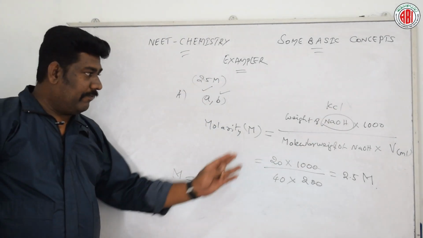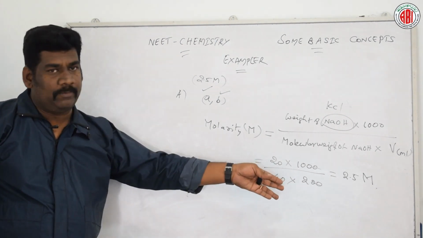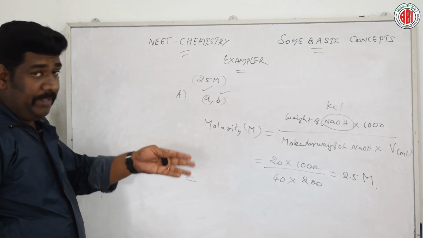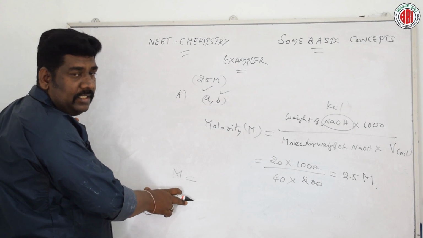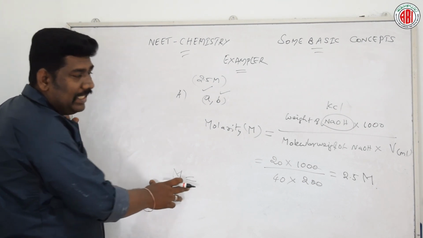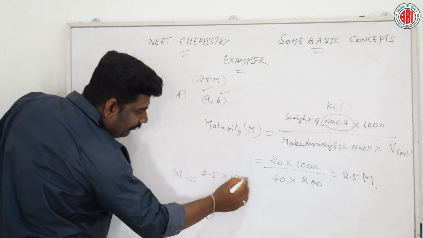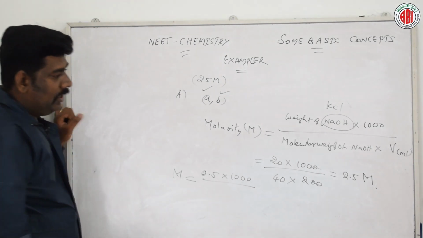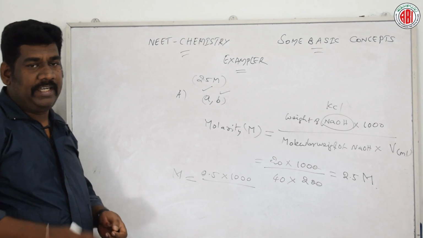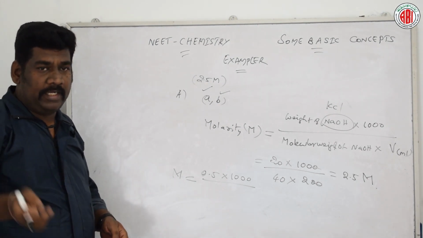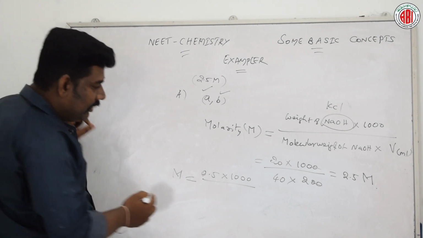So weight of the potassium chloride into 1000 by molecular weight of potassium chloride into volume given in ml. Here the amount of KCl given in the question is 0.5 mole into 1000, same formula we are following, over molecular weight of KCl, present in 200 ml of the solution. So that is 200.